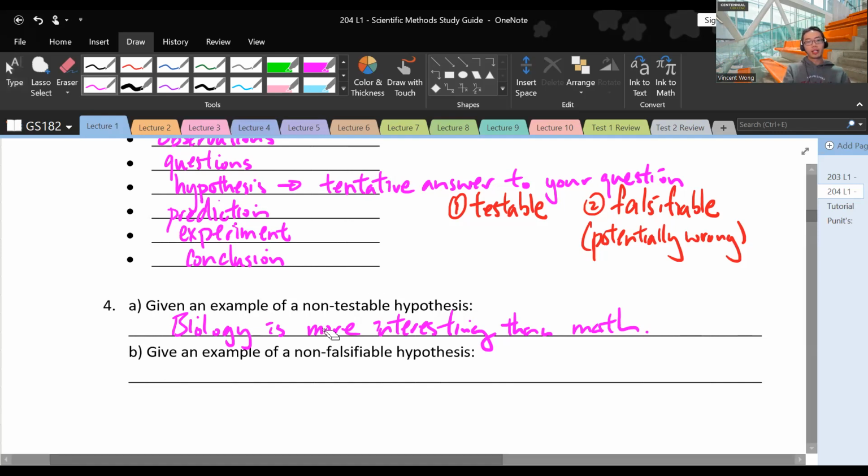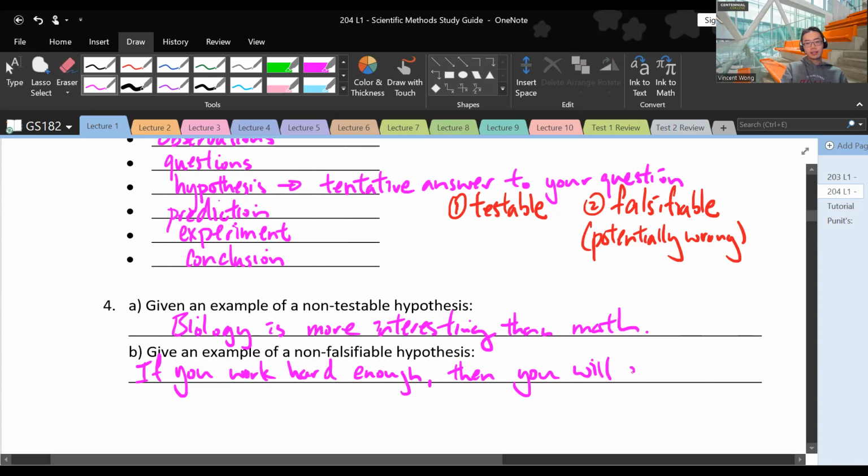Maybe I give you one then. Non-falsifiable hypothesis. Growing up, my parents liked to tell me this: if you work hard enough, then you will get an A+ in English.